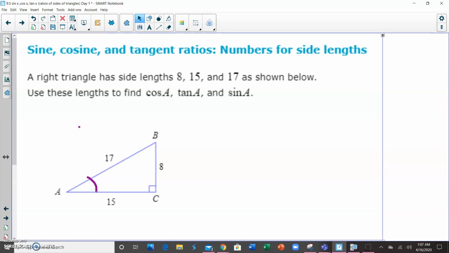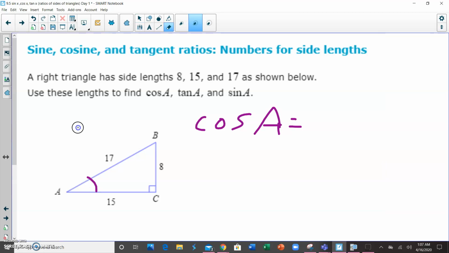All right, so it says cosine first. We're going to start with the cosine of angle A. What is cosine? SOHCAHTOA. If you want to write that up here, you can, or just have it handy so you can reference it. That would probably be a good idea. So the cosine is the adjacent divided by the hypotenuse.